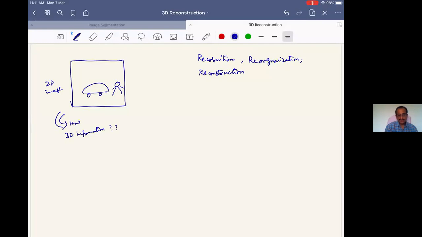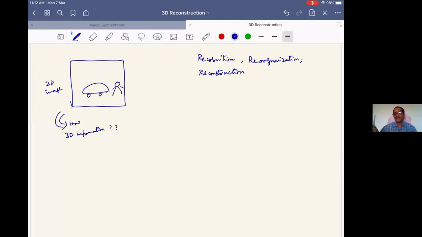Before I discuss some of the methods, can any of you tell how humans perceive depth? So how are we able to visualize? We also have two eyes. Effectively, we assume that this scene is projected on the retina of the eyes, and then we have a 2D image of the scene at each of the eyes.